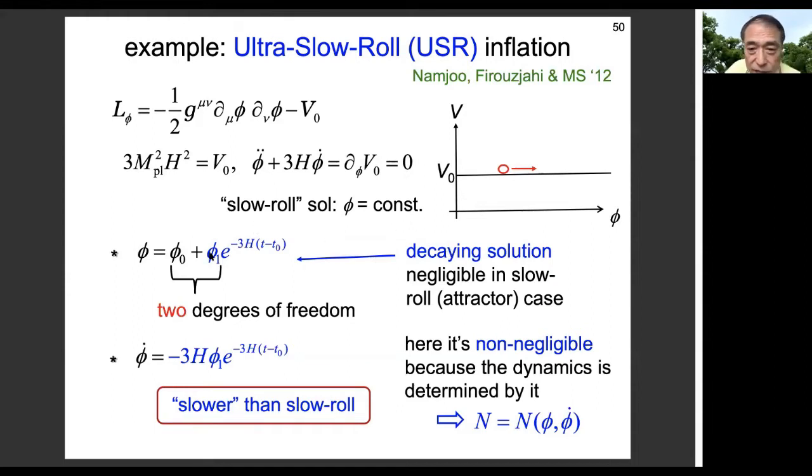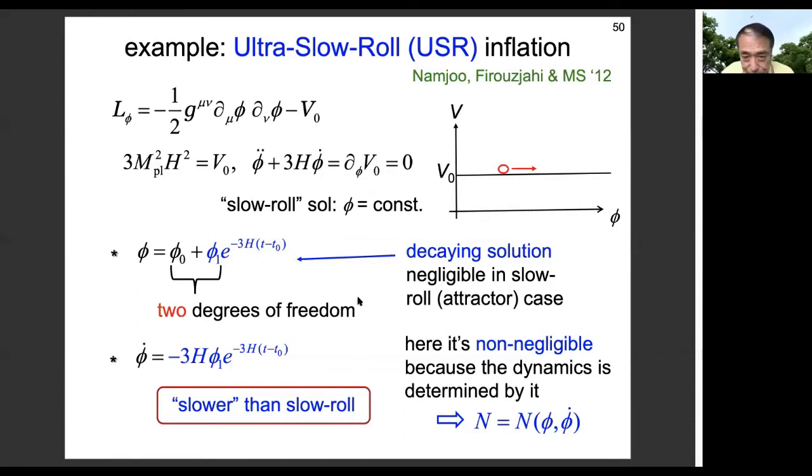In the slow roll case, you have only a single degree of freedom, where phi dot is determined by the leading order slow roll solution. But in this limit, when the potential is completely flat, this decaying mode becomes highly non-trivial. It gives a non-trivial contribution to the equation of motion.